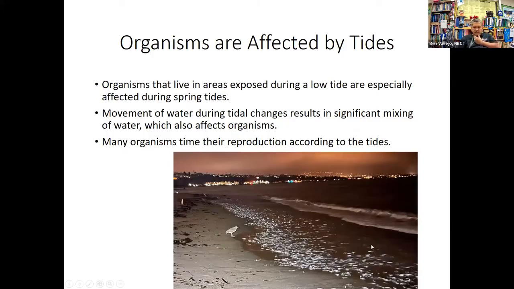What they want to do is time it so that they can go further up on the beach, and then they will lay their eggs up high here on the beach, and then as the tides go out over the course of the month, these eggs are sitting out of the water, still moist, but not deep in the ocean or anything.